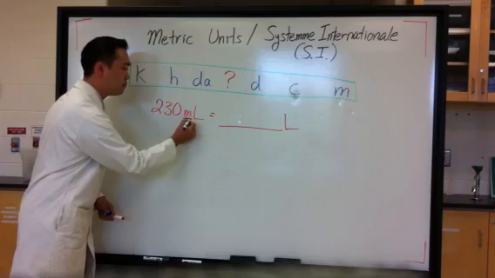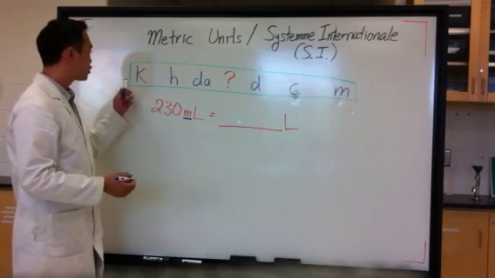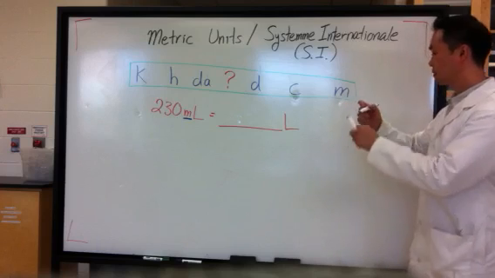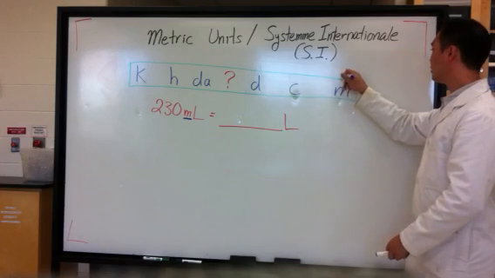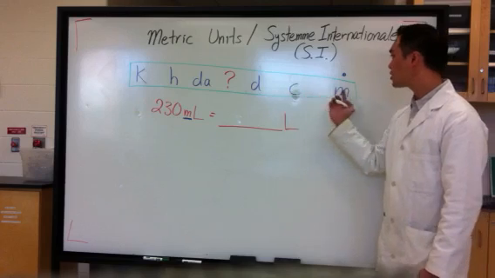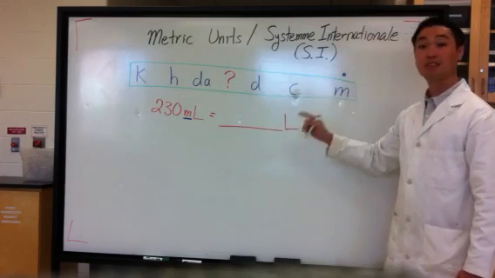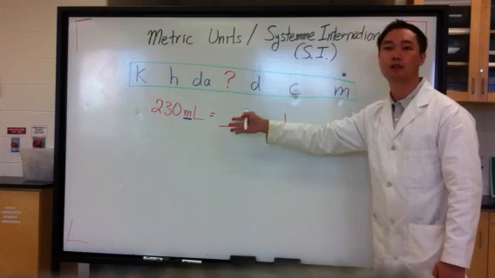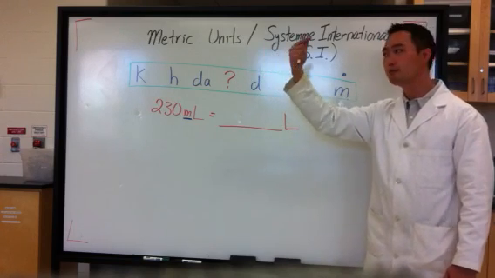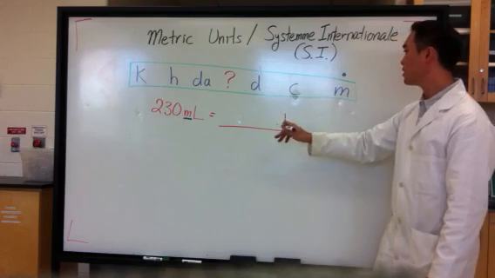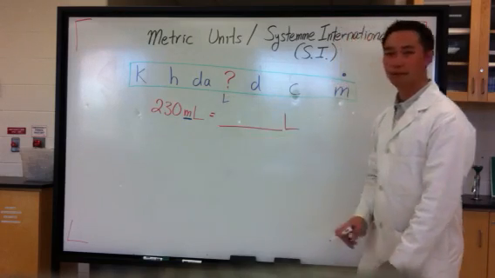We're starting from the milliliters. Okay, so where's milli? Right here. Now we're going to go to the liter. Where's L? Question mark. So remember, the question mark stands for whatever unit you're looking at, whether distance, volume, or mass. Grams, meters, liters. So because L is over here, we'll put it over there.